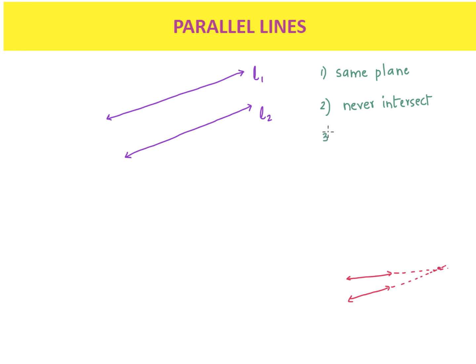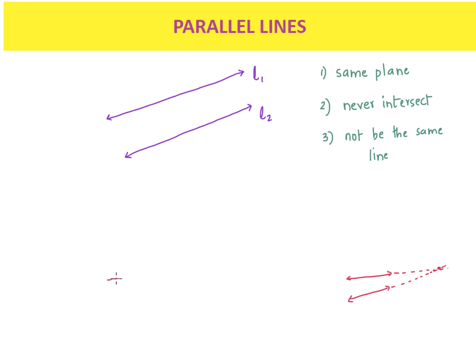And the third is kind of a trivial condition, that they should not be the same line. In this case, they're obviously not the same line, but let's take this example.